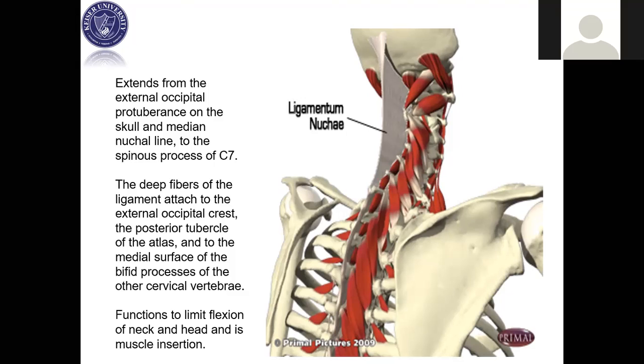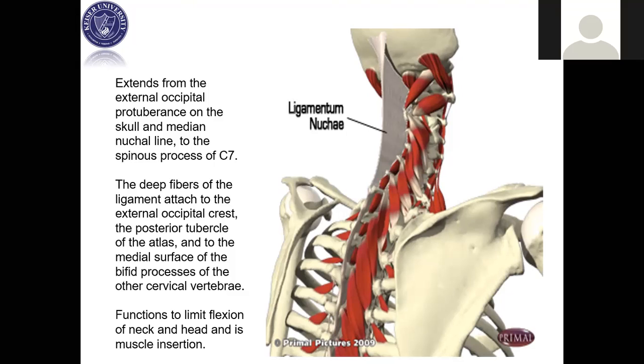But what it also does is it limits head flexion. Think about it. If we didn't have something to keep our head from flexing, it would literally kind of fall down and fall down forward. So this very strong ligament on the posterior half, think about it, keeps and limits flexion of the neck.